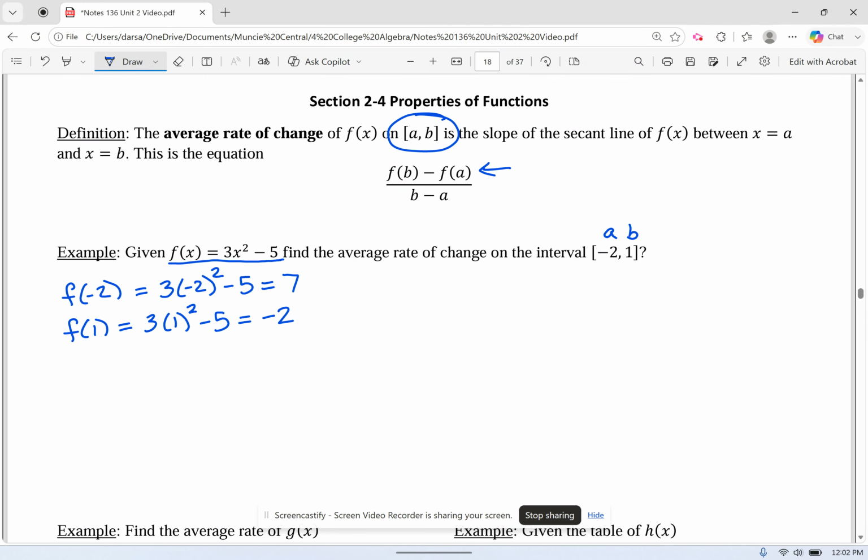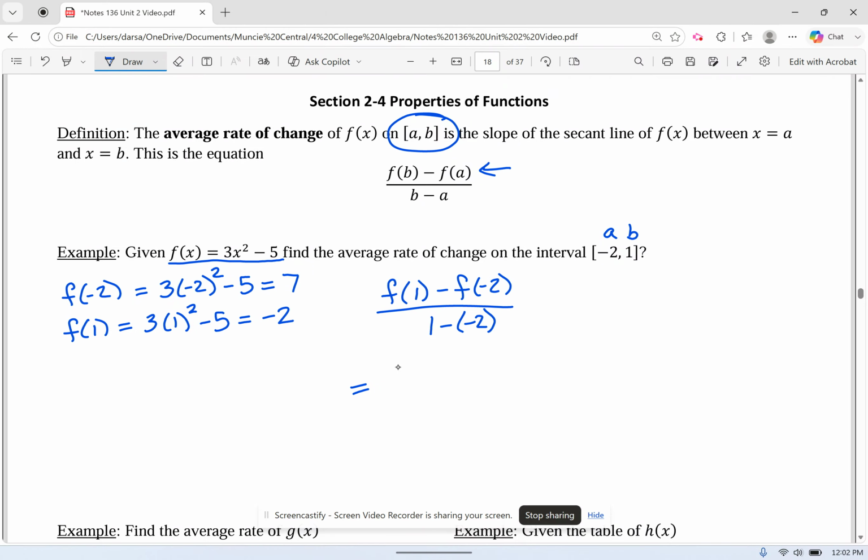Now that we know f of b, which is f of 1, and f of a, which is f of -2, we can plug it into this equation. So f of 1 minus f of -2 over 1 minus -2. That is the plugging in of f of b minus f of a over b minus a, where a and b are -2 and 1.